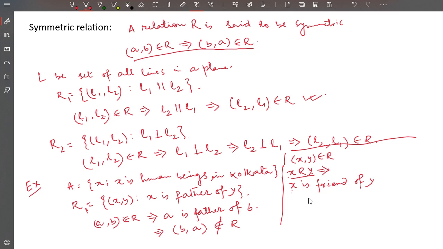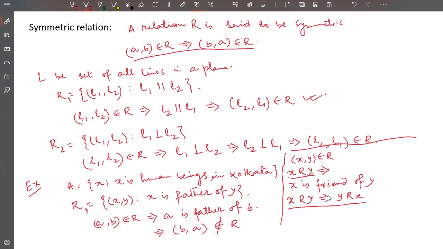Friend. X is friend of Y, so Y must be friend of X. X related to Y means Y related to X. So this is a symmetric relation.